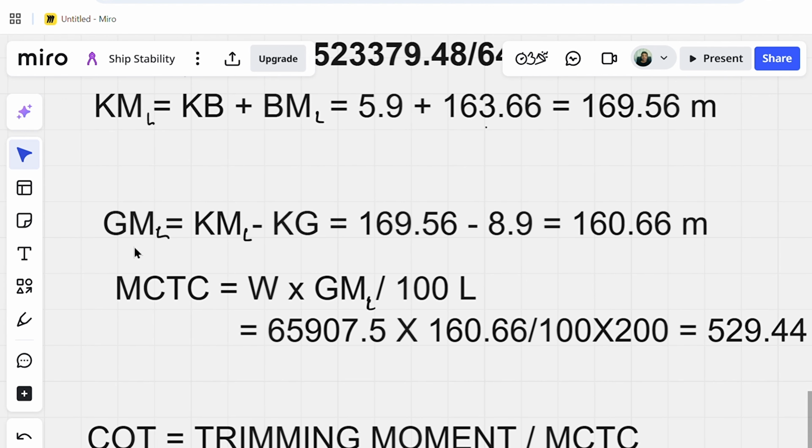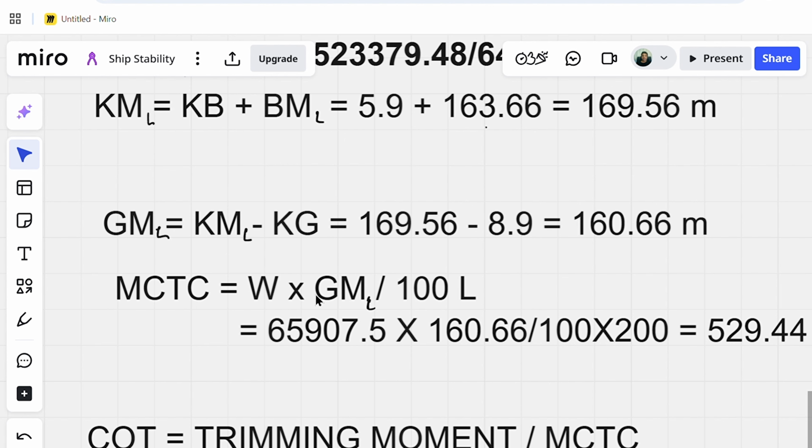And now we come to GML. Remember in the beginning when I showed you the MCTC formula, I need MCTC and I need GML for that. So I am coming step by step towards GML. GML is KML minus KG. I got KML here, 169.56. KG is given in the question, minus 8.9, 160.66 meter. This is now the longitudinal metacentric height, longitudinal GM.